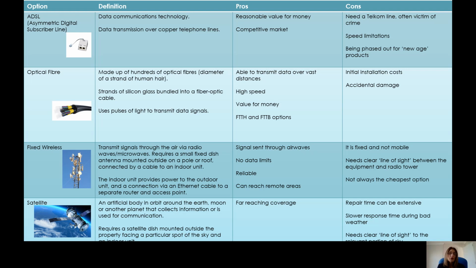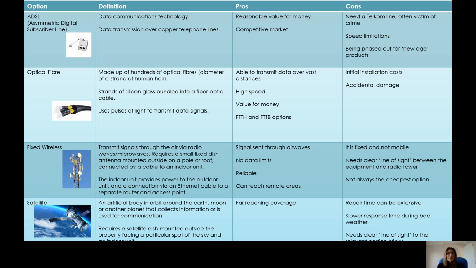So in terms of the pros, it's reasonable value for money. There's quite a competitive market, so you can get some good deals. And potentially some of the cons or the disadvantages is that you do need a telecom line, and that can sometimes be a victim of crime in the sense that those lines are stolen, and that will interrupt your connectivity, and you obviously won't be able to operate online during that time.